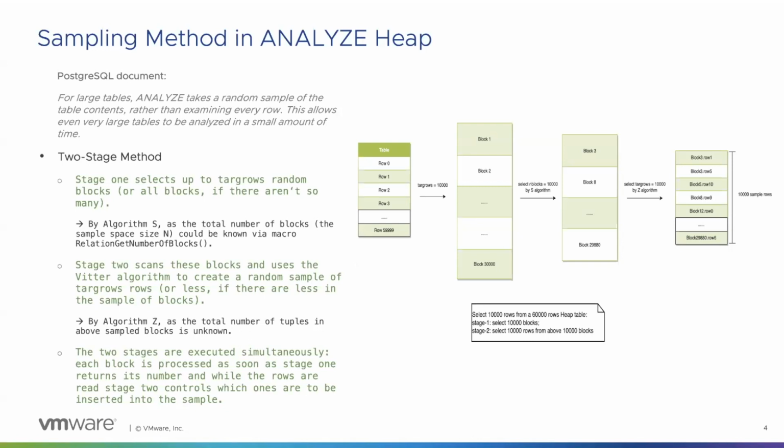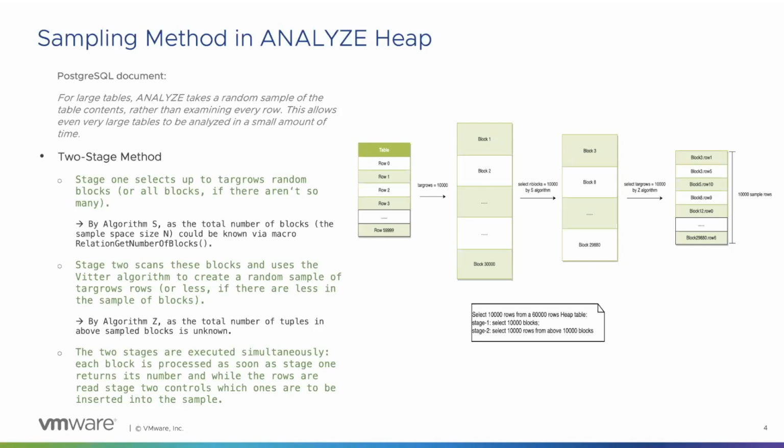Every block size is 32 kilobytes. So when it gets a random block number, it can calculate the block offset in the file to locate that block and then read the rows inside that block. This is the idea from upstream.